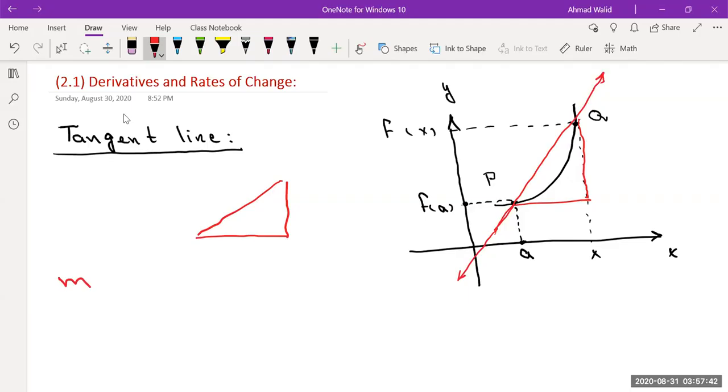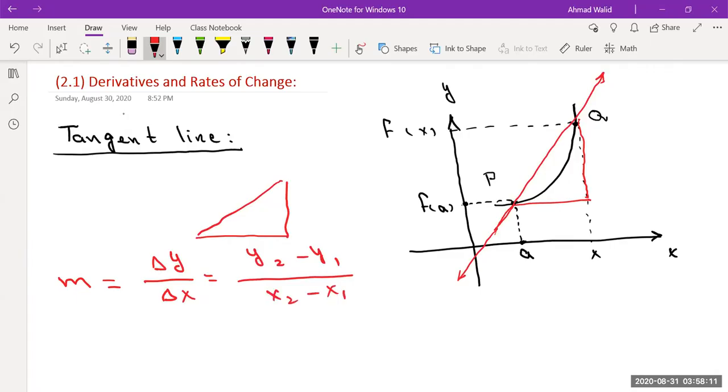The slope formula was m equals delta y over delta x. I'm sure you saw this notation before. Delta y means change in y, which is y2 minus y1. Delta x means change in x, which is x2 minus x1.